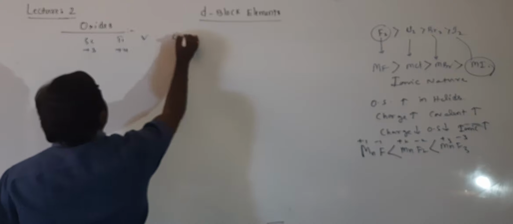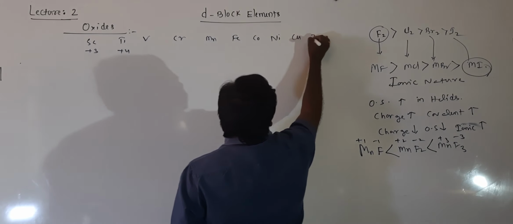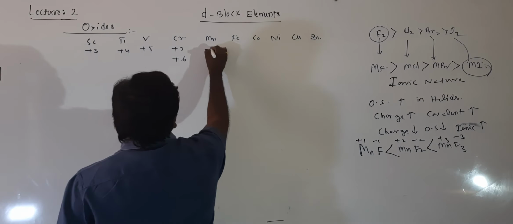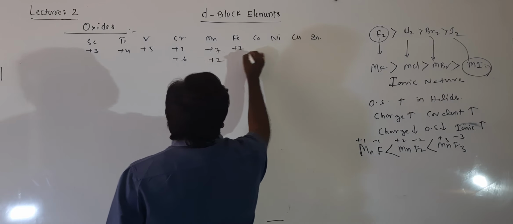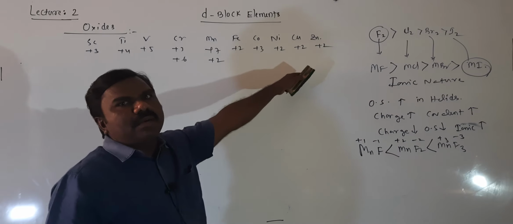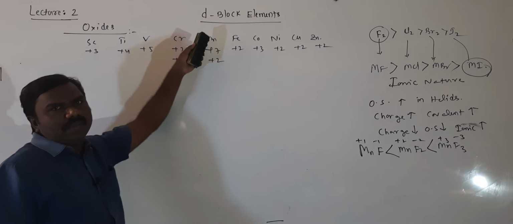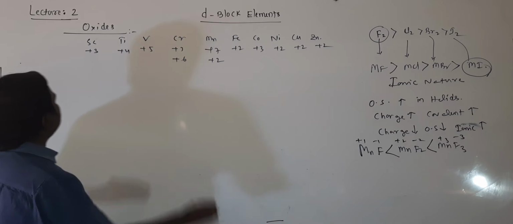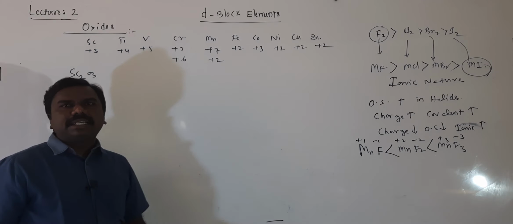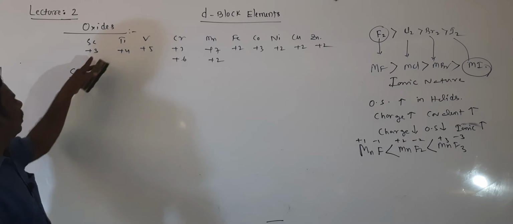Vanadium, chromium, manganese, iron, cobalt, nickel, copper, zinc: plus 5, plus 3, plus 6, plus 7, plus 2, plus 2, plus 3, plus 2, plus 2, plus 2. Zn plus 2 stable, Cu plus 2 stable, Fe plus 2 stable, Fe plus 3 also stable, Mn plus 7, Mn plus 2 stable. It means Sc2O3: 3 into minus 2, minus 6, must be shared by 2 atoms, minus 3 must be equal to 0, means plus 3.